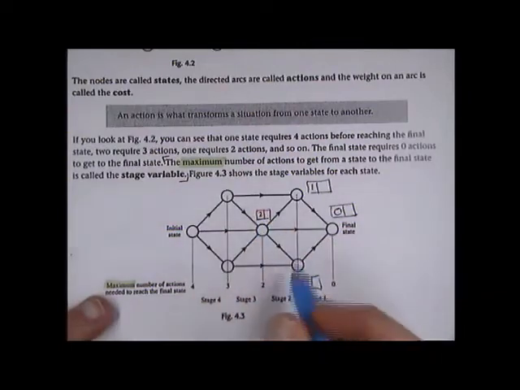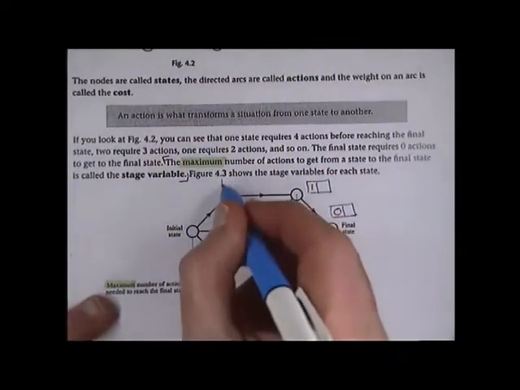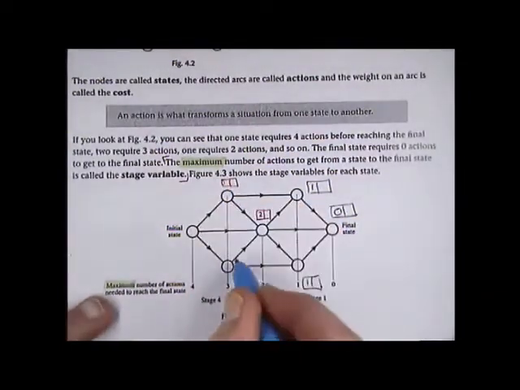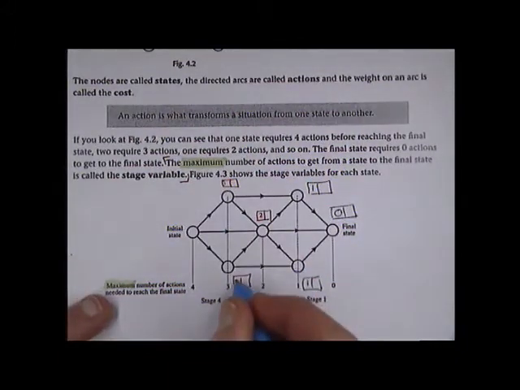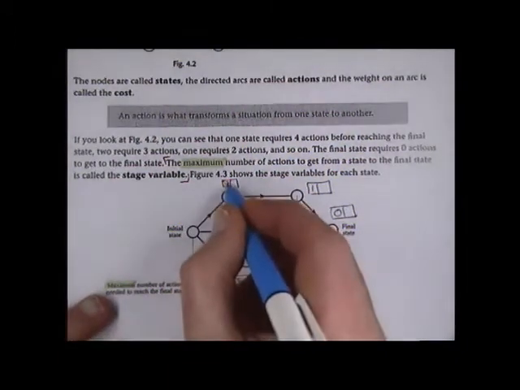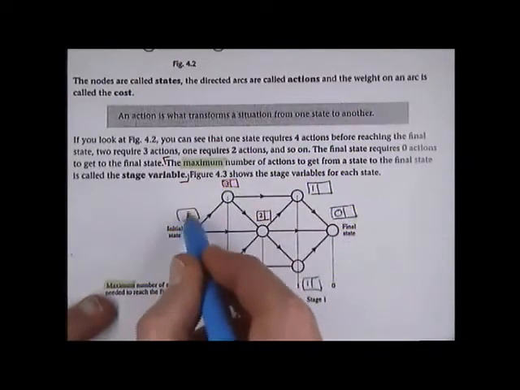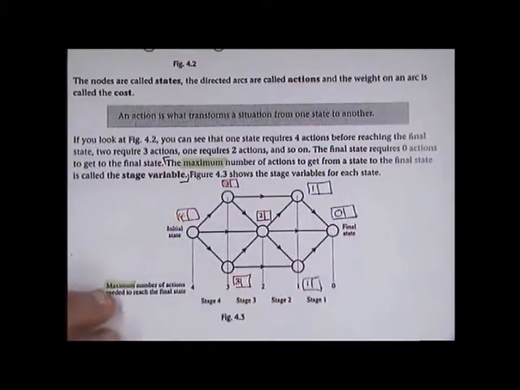So there's a 2 in the first box. These 2 back here, what is the maximum number of lines you need to traverse to get from here to the end? 3. And from the beginning one, 4. So we put in there those stages.